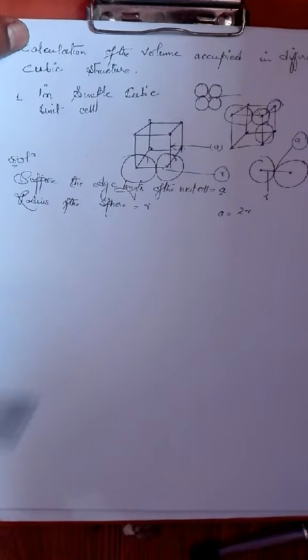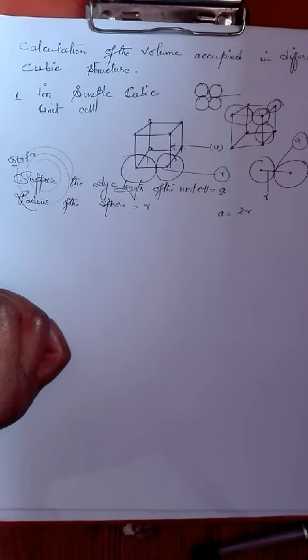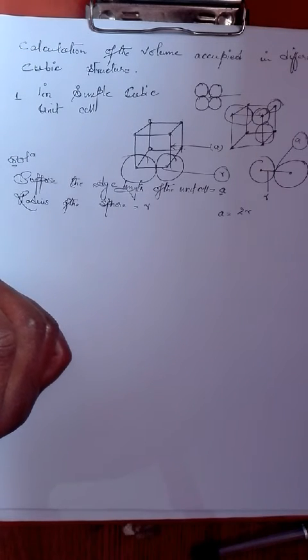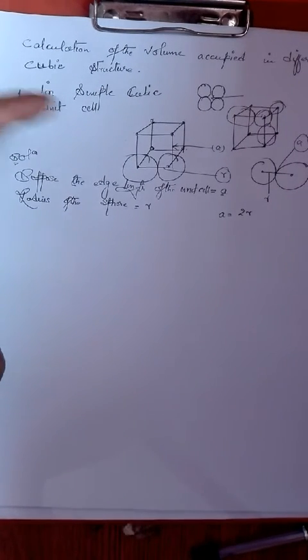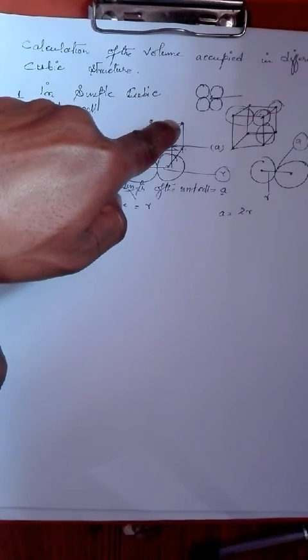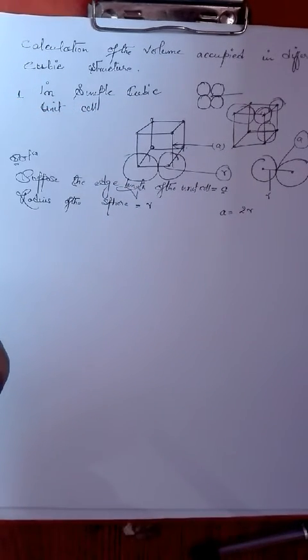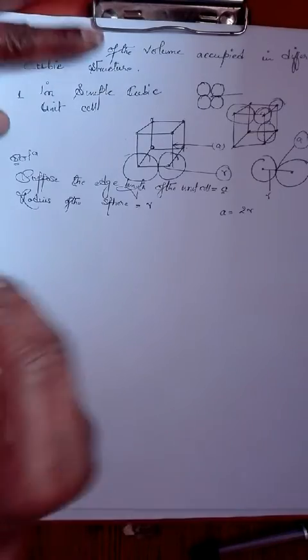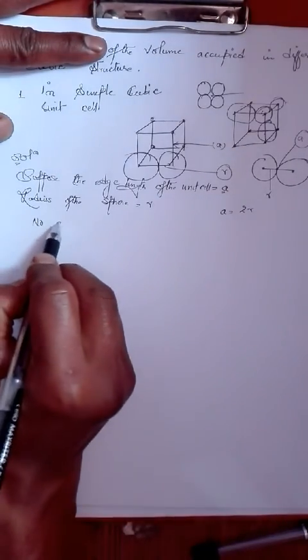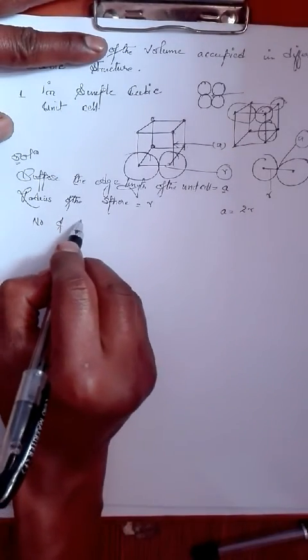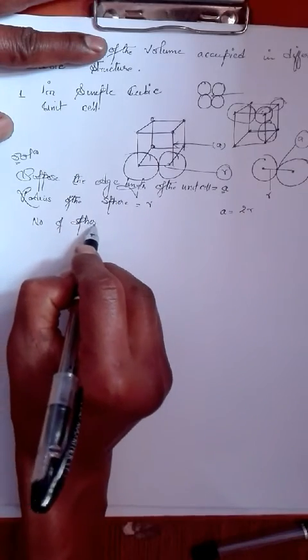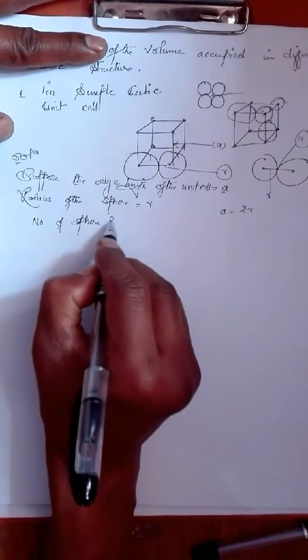As we all know, the number of constituent particles or spheres that belong exactly to only one unit cell in a simple cubic is equal to 1. We have found out the number of spheres per unit cell.